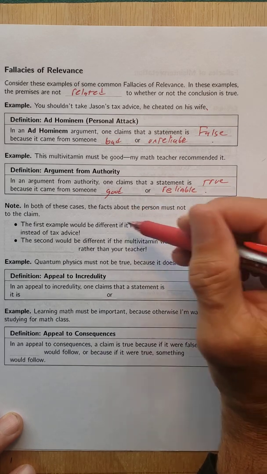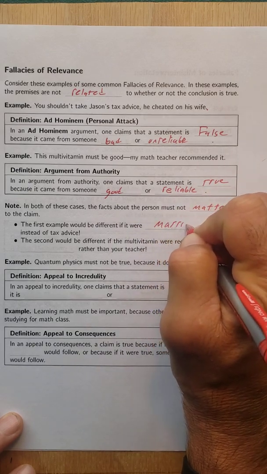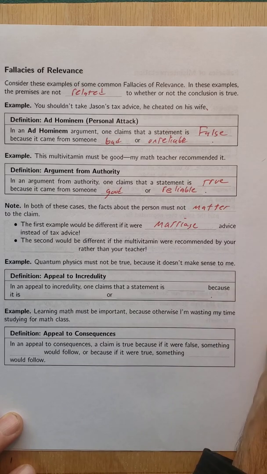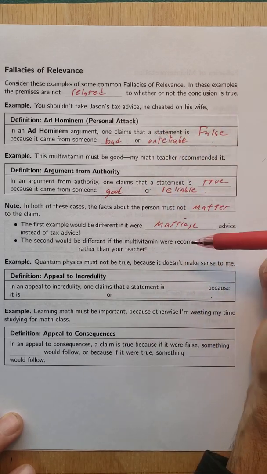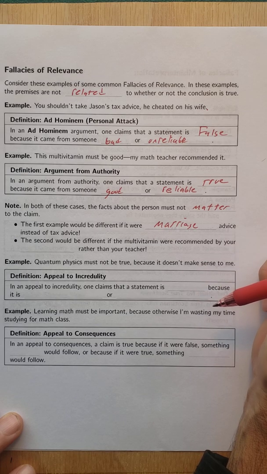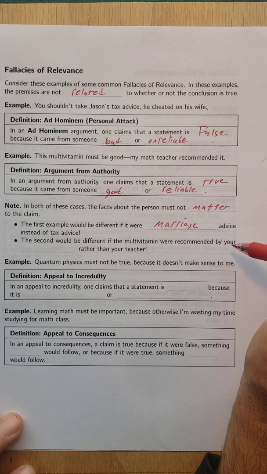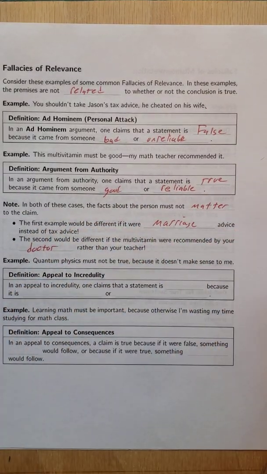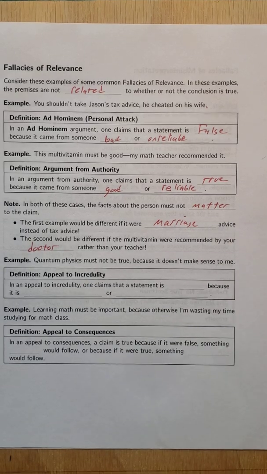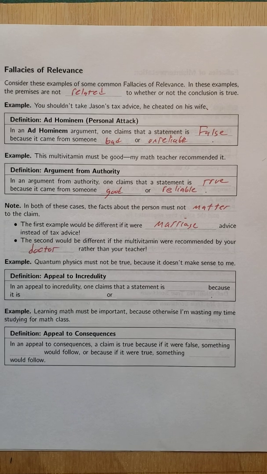The first example would be different if it were marriage advice, because he cheated on his wife, so that would have something different. The second would be different if it were recommended by a doctor. Now, that would be a sound or valid argument because we're taking advice from a doctor rather than a teacher.